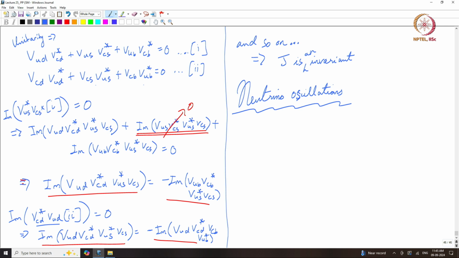So, I prefer another name that I have seen in the TASI lectures of Andre de Gouvea, and that name is mass induced flavor change. So, every time you see neutrino oscillations, remember this might be a little more of a mouthful, but it gives the concept very clearly. It is mass induced flavor change. We will see exactly what we mean by this.